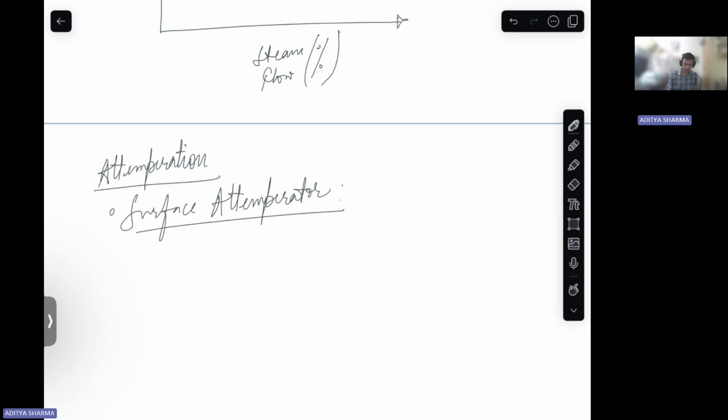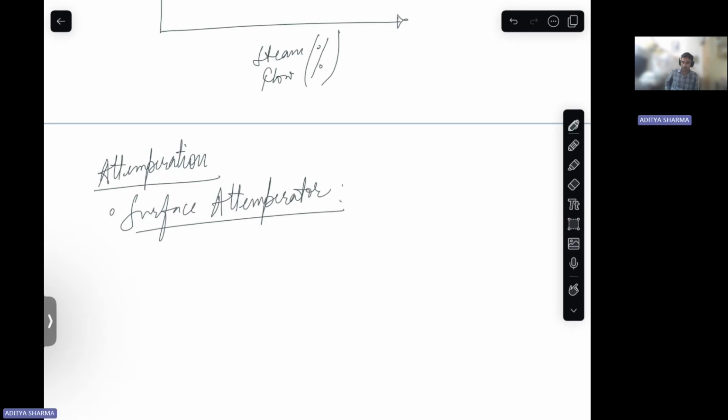So what happens is, the extra heat that is extracted from the steam is by means of majorly convection, first of all. And then how do we do this? We take some portion of steam from the exit of the steam superheater, right?